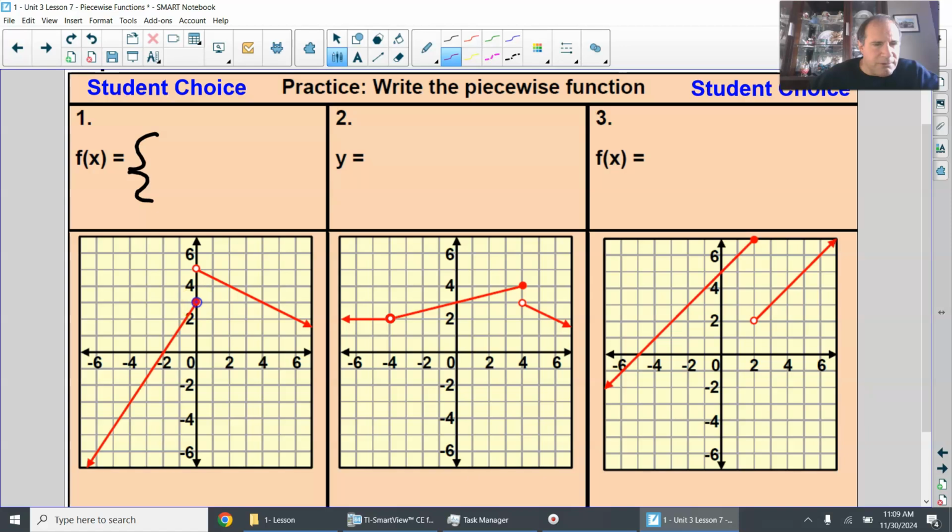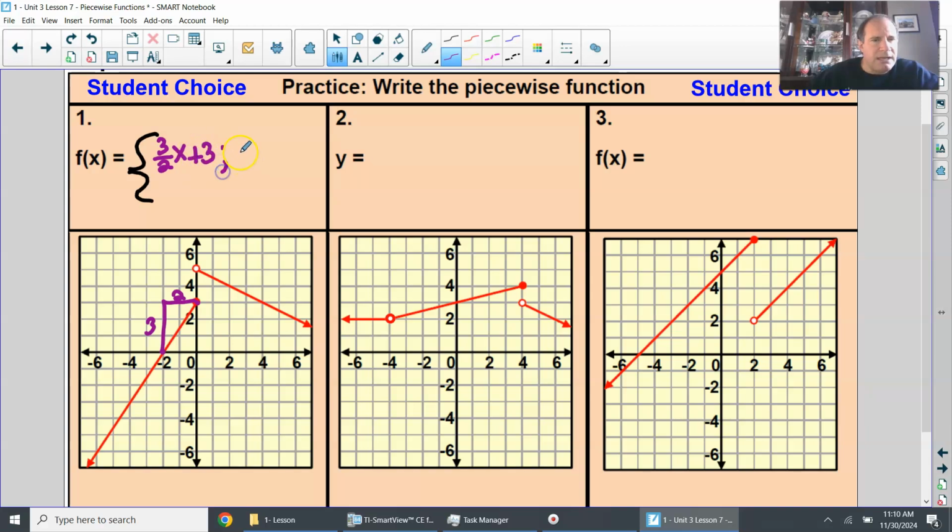We're going to take that point, the y-intercept, and look for another point, the x-intercept. And I'm just going to go a rise and a run. So the rise is 1, 2, 3. This is positive, and this is positive also. So rise of 3, run of 2. So we have f of x equals 3 over 2x plus 3.